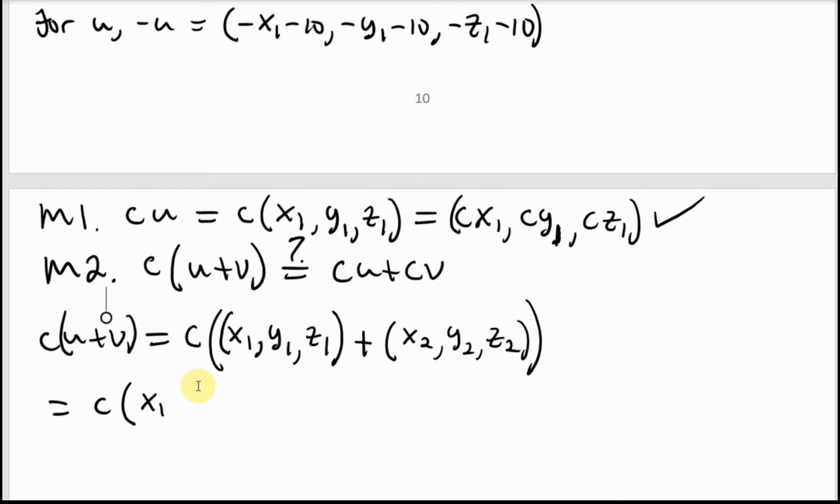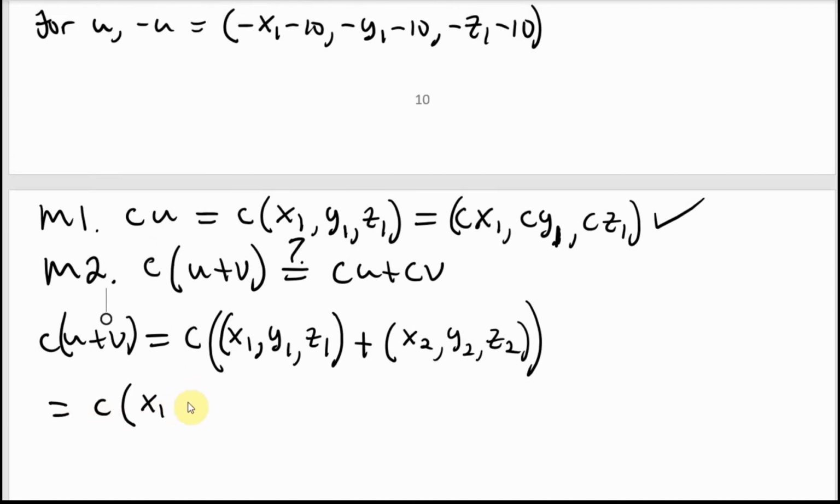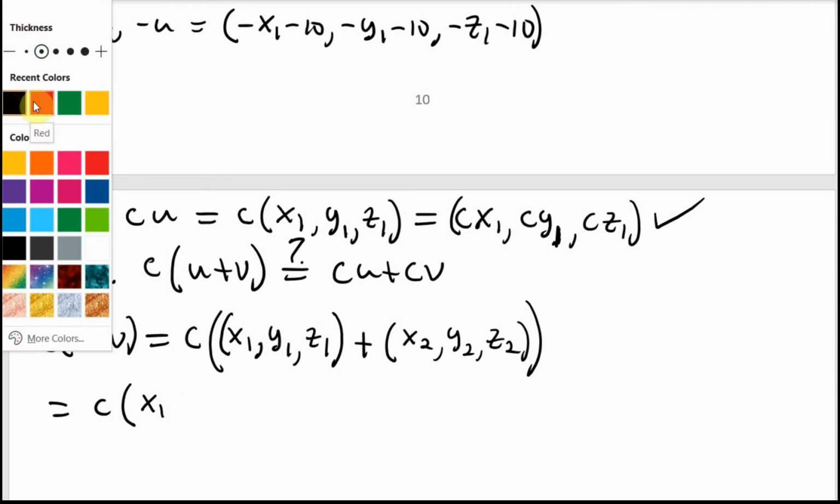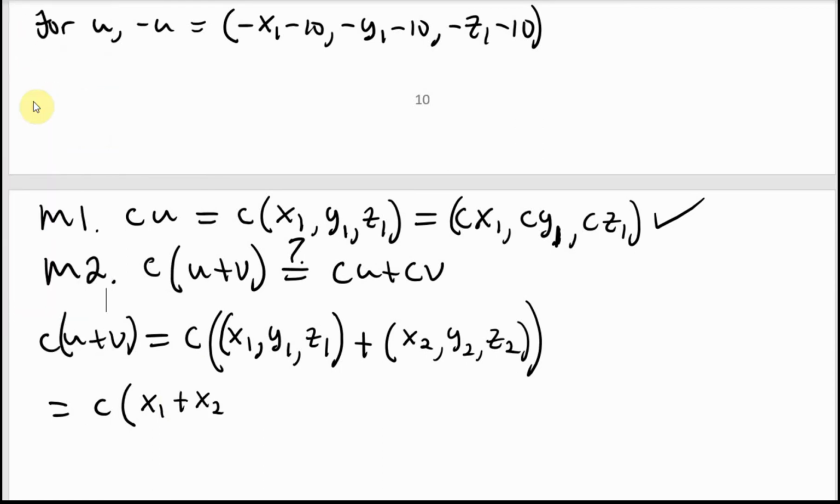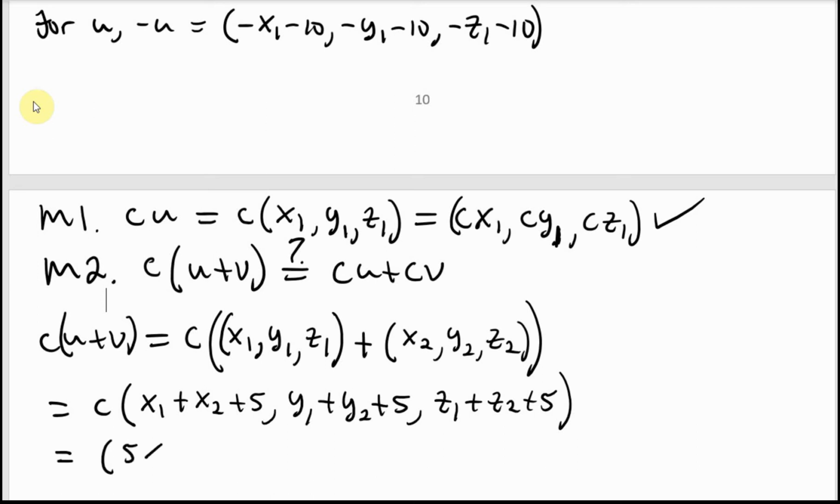This is x sub 1 plus x sub 2 plus 5, comma, y sub 1 plus y sub 2 plus 5, comma, z sub 1 plus z sub 2 plus 5. So this is 5x sub 1 plus, sorry, c.